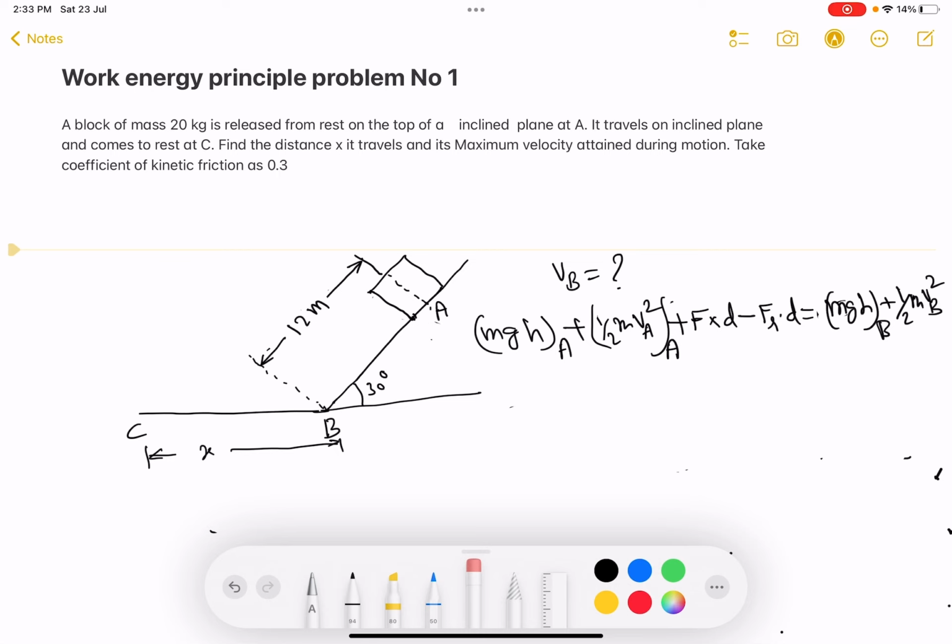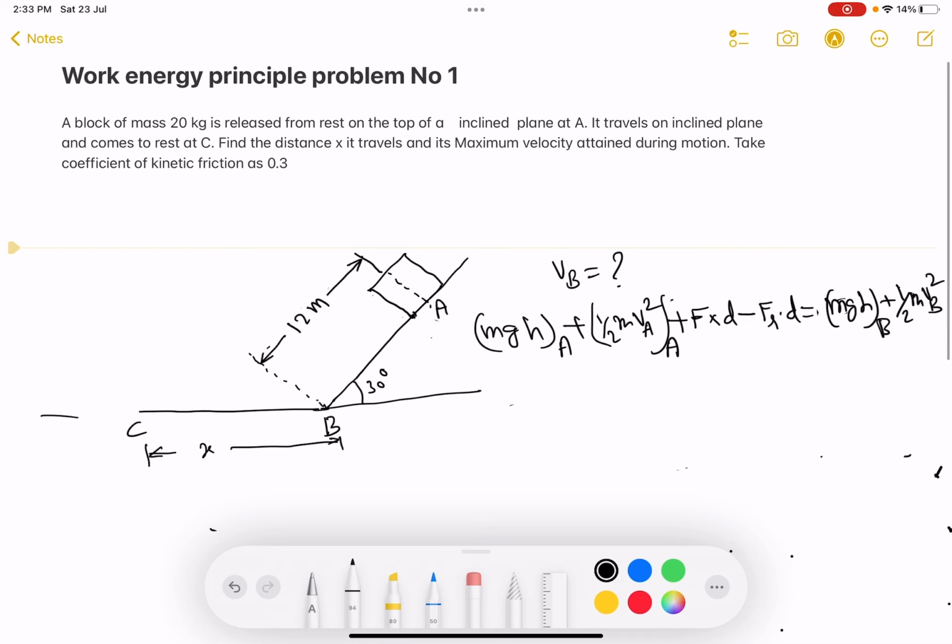Now let's put in the values and you should get the answer. So mgh, point A, that is potential energy. At what height is this block A from the baseline? BC is the ground. So you have to find this height h. You can immediately see this angle is 30 degrees, and h is the opposite side.